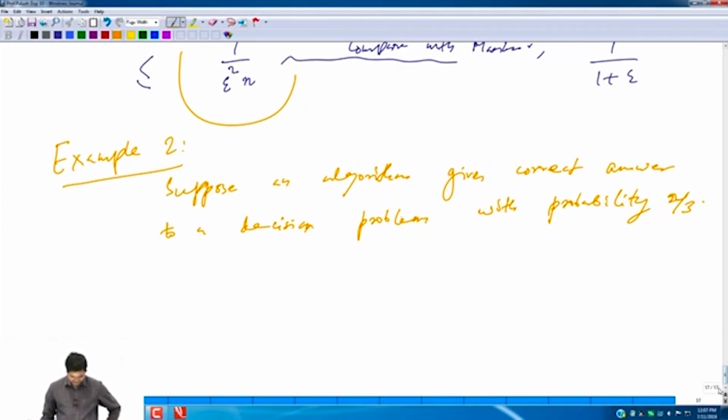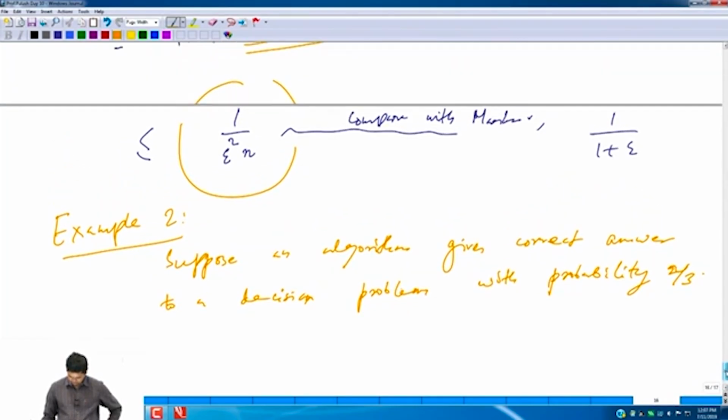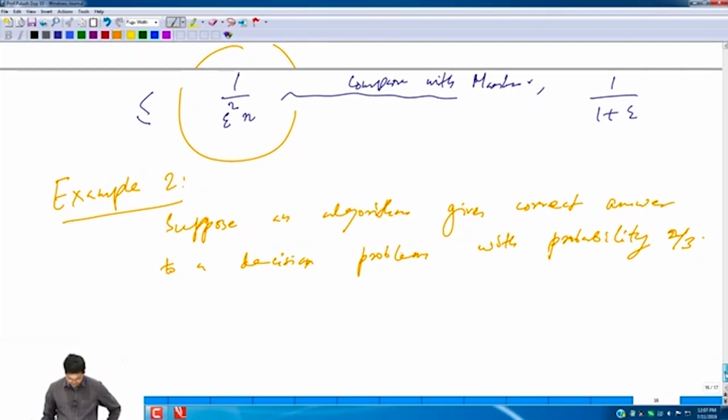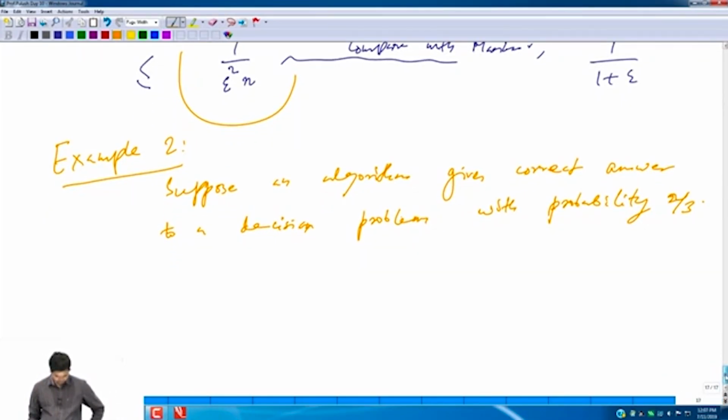So let me end this by going back to our motivating example of party A and party B. So that's an example.